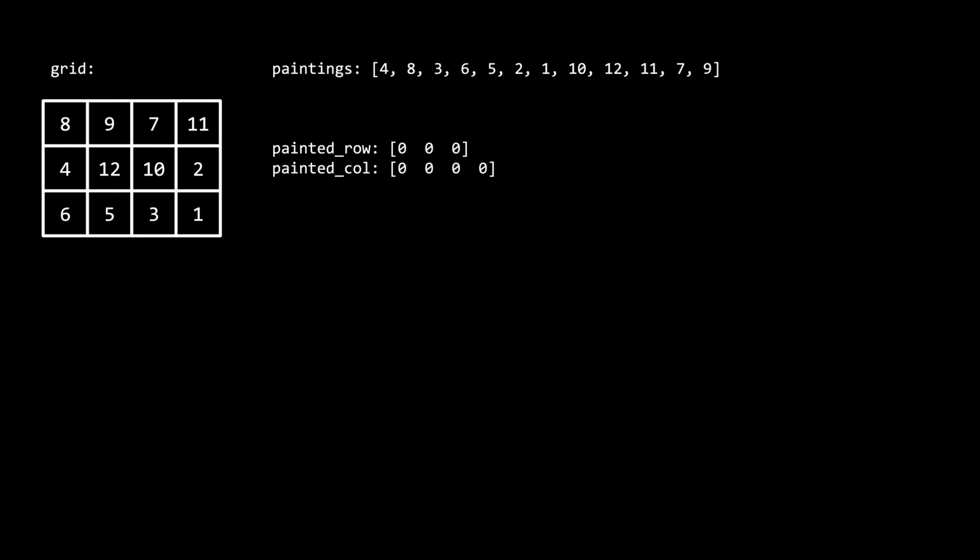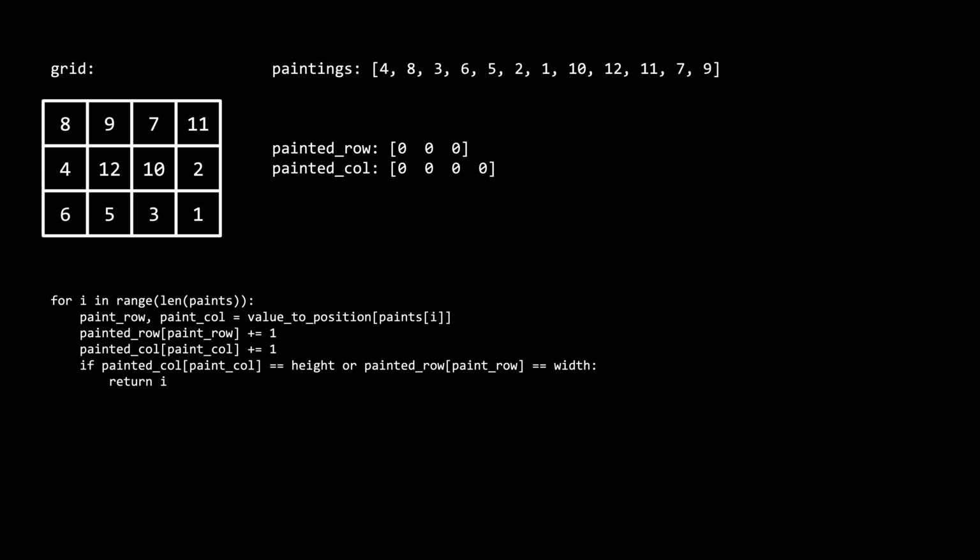The code might be a bit confusing, so let me walk through our earlier example so I can elaborate. To start off, both the painted row and painted column arrays are all zeros. Painted rows has 3 elements because that is the height, and painted column has 4 elements because that is the width. Let me also paste the for loop code block so we can reference it as we trace.